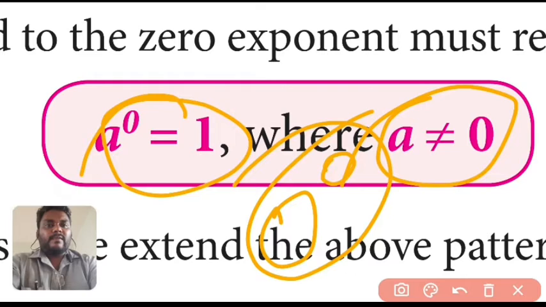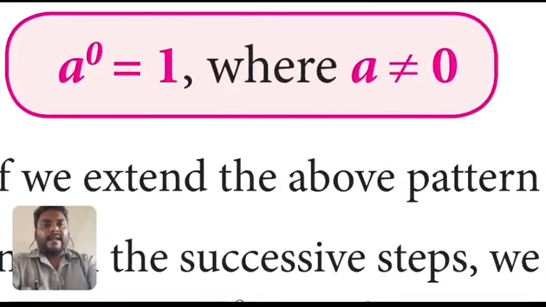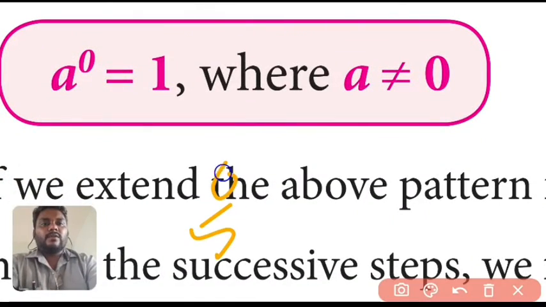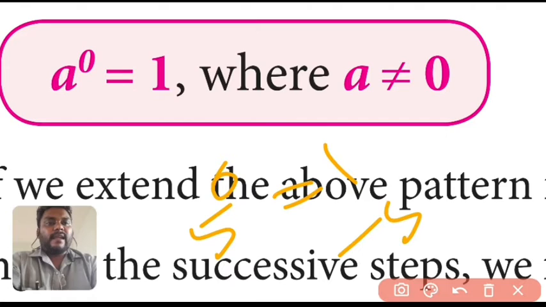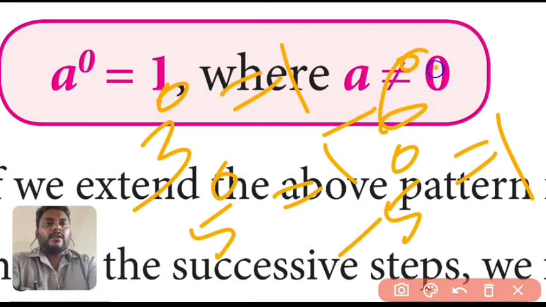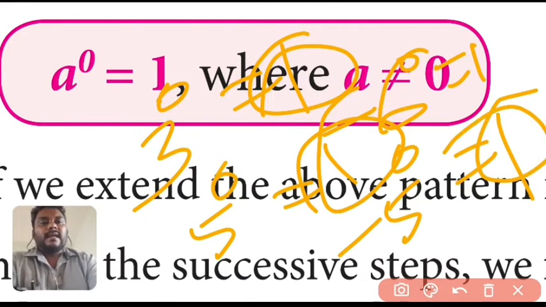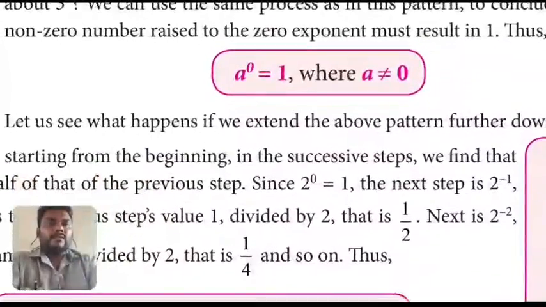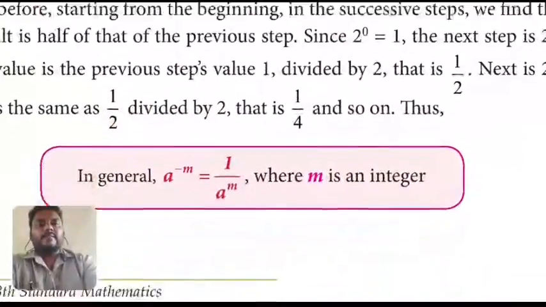For example, 5 power 0 equals 1, minus 5 power 0 equals 1, 3 power 0 equals 1, minus 6 power 0 equals 1. So anything power 0 is 1 except when a equals 0, because then it becomes not defined.